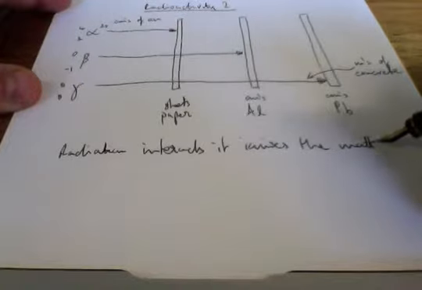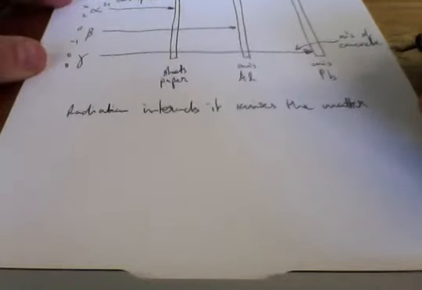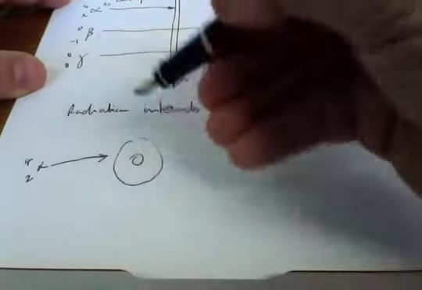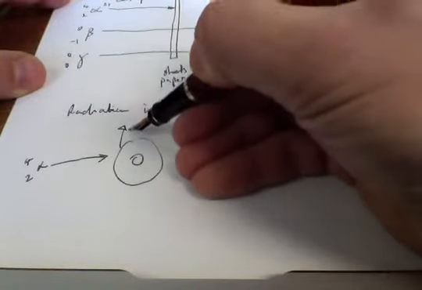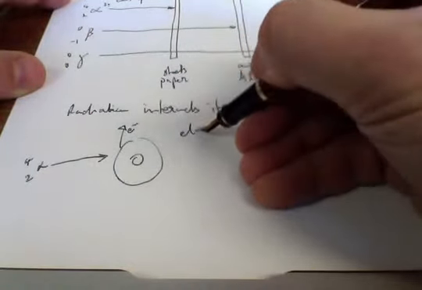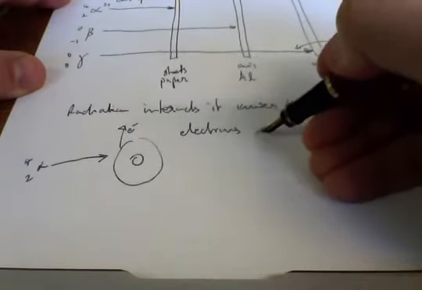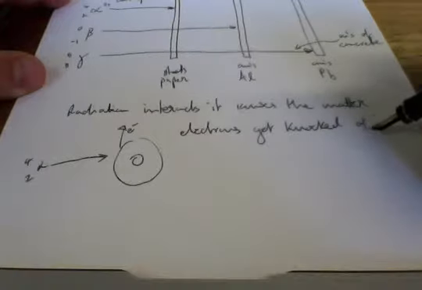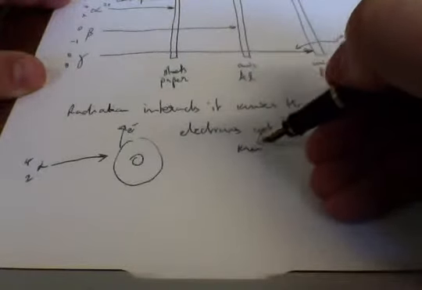What I mean by ionize is, if this is your atom with a nucleus, and radiation comes in, let's look at the alpha to start with, it will knock off electrons. And that, in effect, is ionizing.